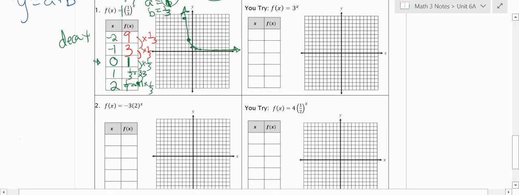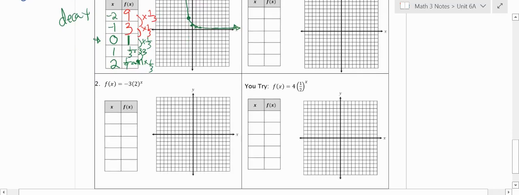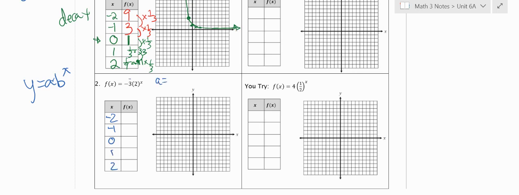The second one is kind of the same thing. So I see it's in this a times b to the x form. Our a value is negative 3, and our b value is 2. When we put 0 in, we're going to get negative 3.